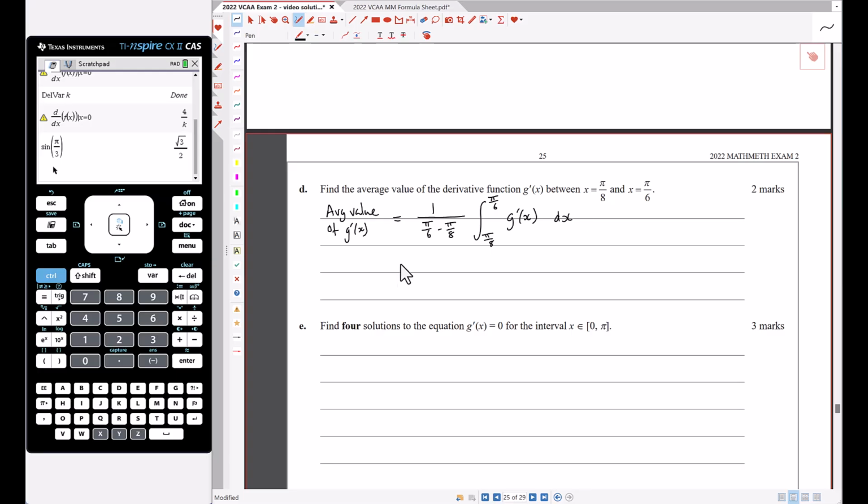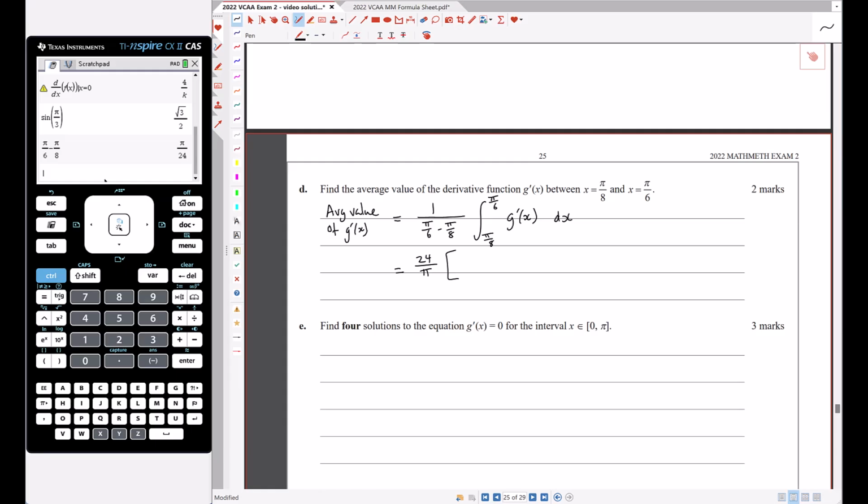Okay, so let's just simplify this a little bit. Let me just do pi on 6 minus pi on 8. That's pi on 24, so 1 on that is 24 on pi.